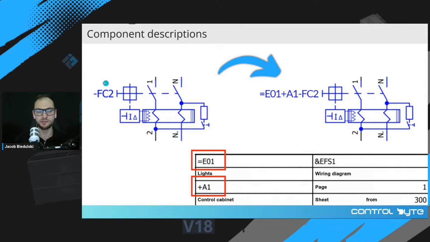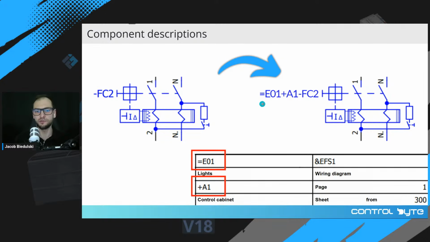Okay, so as I said, you will find components designation in the schematics. You can find just designation like -FC2. This is the marking of only the device, only the component in the control cabinet.